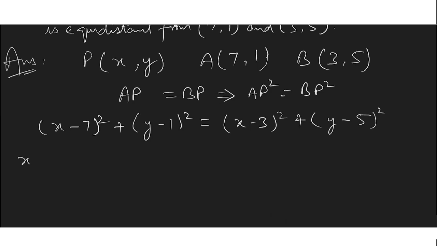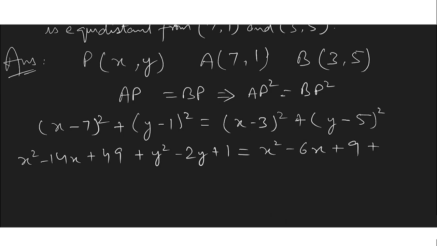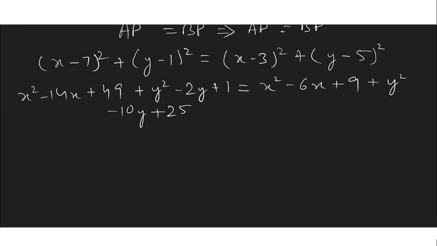We have x square minus 14x plus 49 plus y square minus 2y plus 1 equal to x square minus 6x plus 9 plus y square minus 10y plus 25. Solving this equation further, let us simplify LHS and RHS separately.